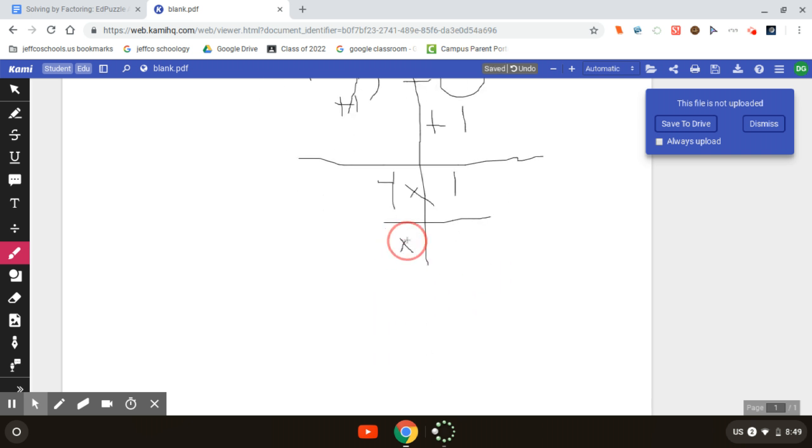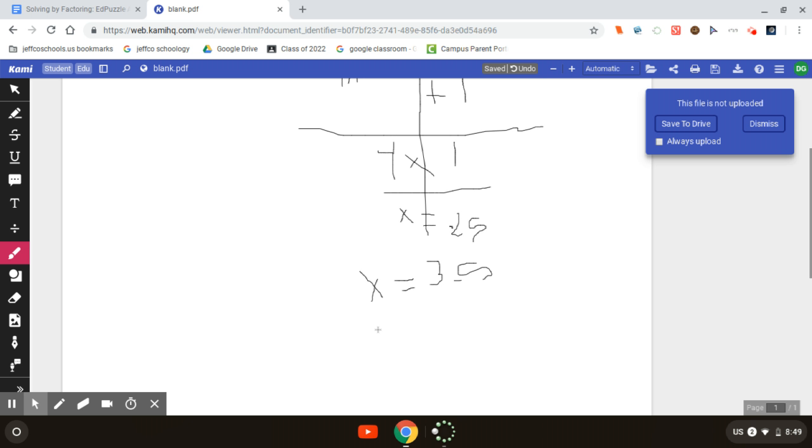That one would be x. So x equals, what's 1 divided by 4? 1 divided by 4 would be 0.25. And since the other one was x equals 3.5 and x equals 0.25, those are your answers.